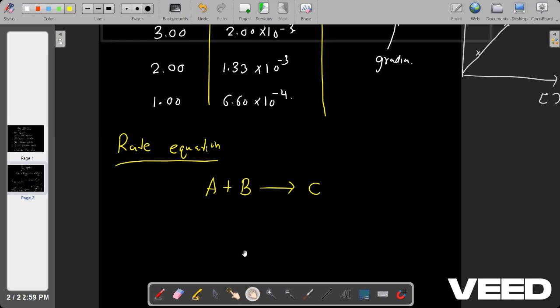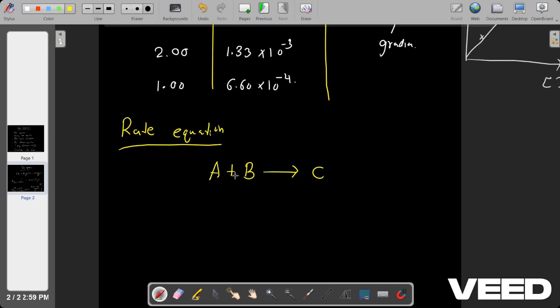And then for this reaction, we can write a rate equation.